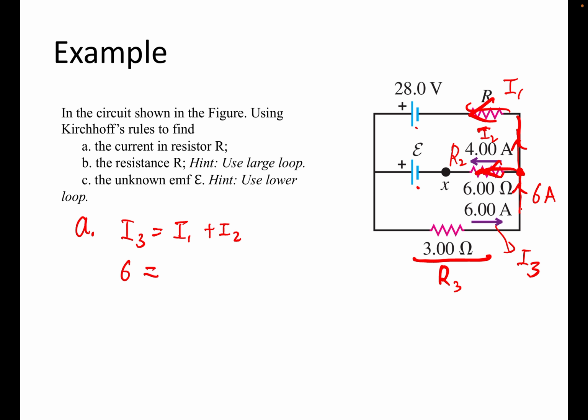I3 is 6, I1 we don't know and need to solve for, and I2 is 4. So we can quickly solve it and find that the current going through R1 is 2 amperes. This is the answer for part A.